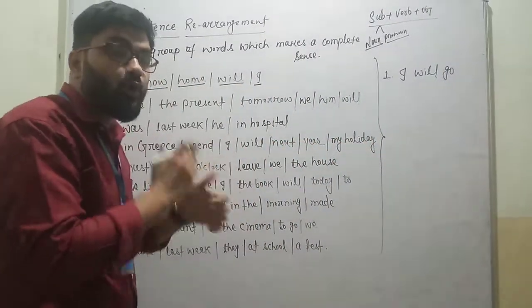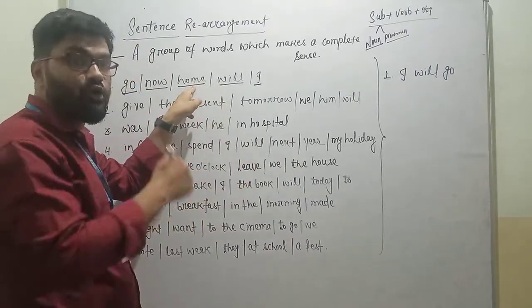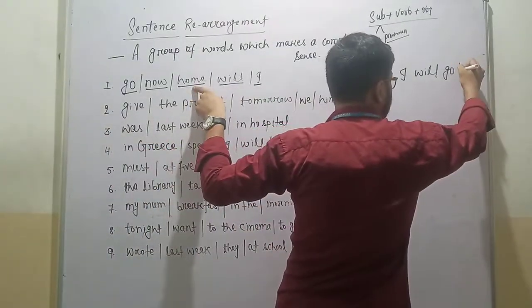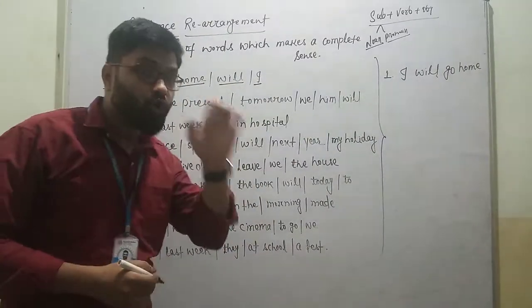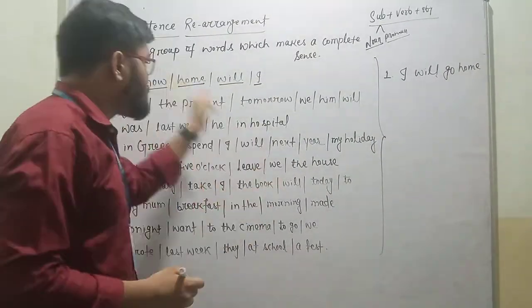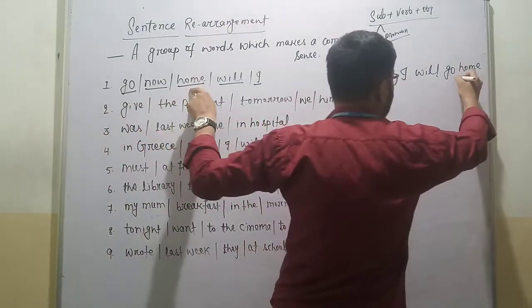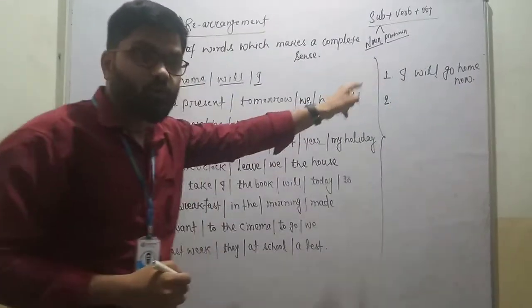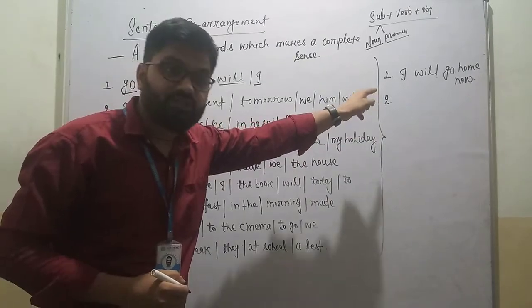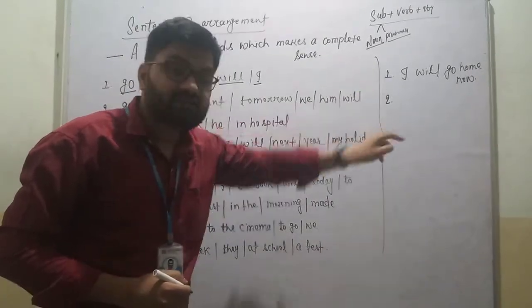I will go. Now the question comes, I will go home, but when? So, I will go home now. This is how we arranged the words in a particular manner, and now it is giving us a complete sense.